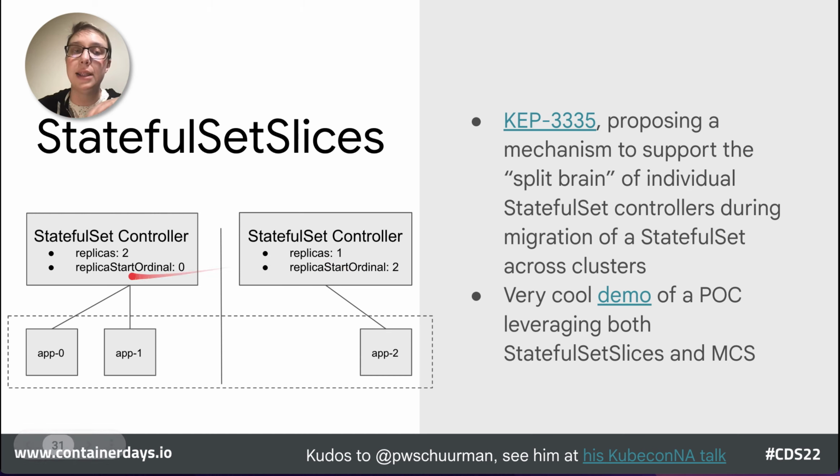And then you can modify these as things go so that each individual controller is like, oh cool, I'm in charge of this starting from there, I'll make that now. I need to eventually reconcile with the fact that I'm in charge of now 2 replicas starting at ordinal 1 or whatnot. And that's how we can transmit this information to each controller separately, that you're in charge of app 0, app 1, and then later this controller will be in charge of maybe app 1 and then app 2, and then eventually app 0, app 1, and app 2 will be able to move them over slowly. So those are really brief representations of the problem.